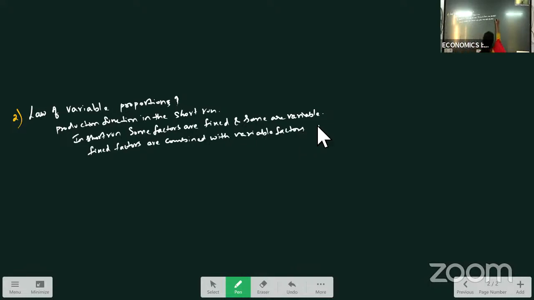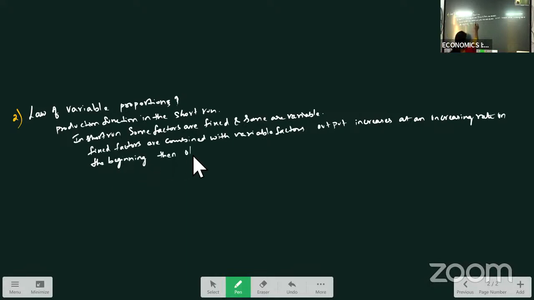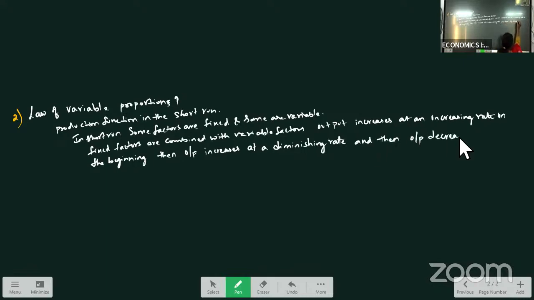So our output increases at an increasing rate in the beginning, then output increases at a diminishing rate, and then our output decreases. So this is the law which was explained in the law of variable proportions.